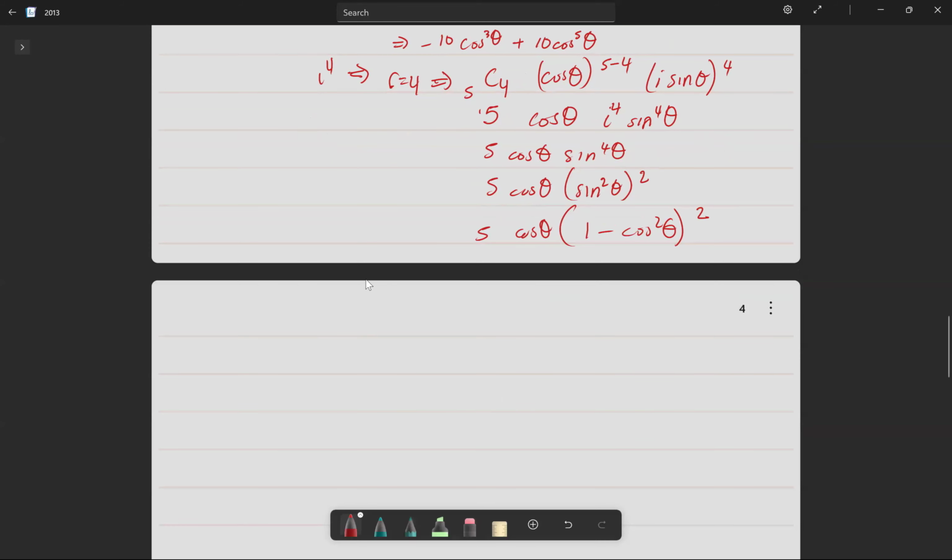This is now the expansion, which is 5 cosine of theta, cosine to the fourth theta minus 2 cosine squared theta plus 1. This is 5 cosine to the fifth power, minus 10 cosine to the third power, plus 5 cosine theta.